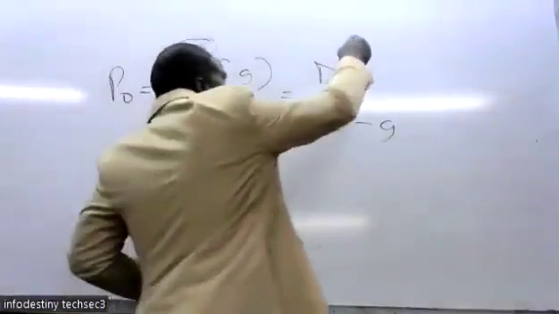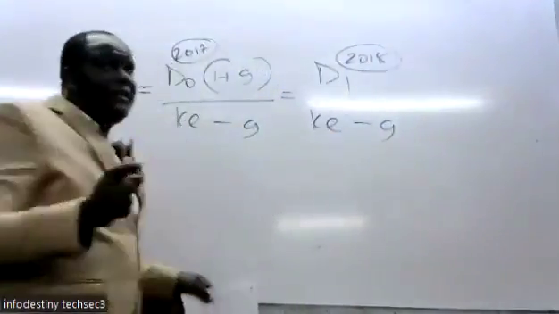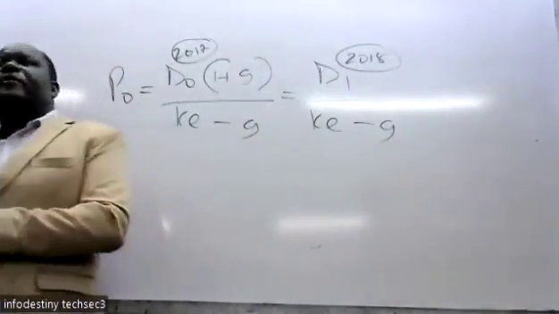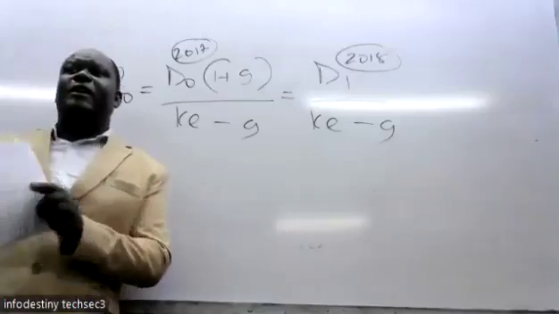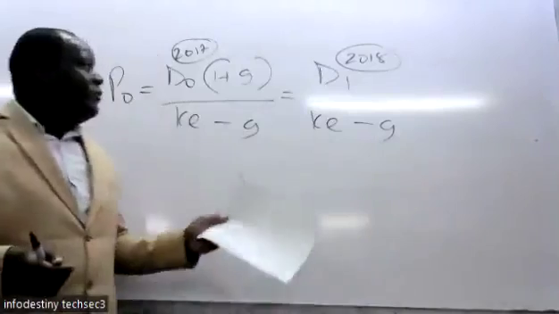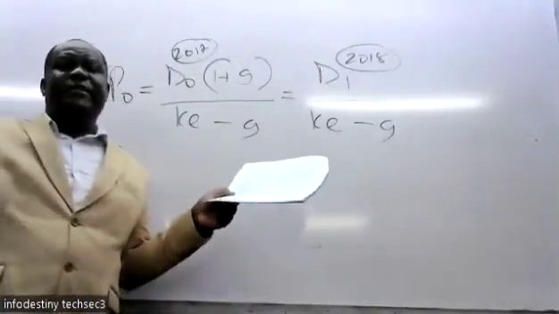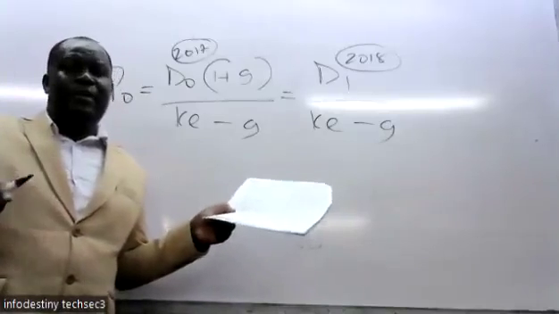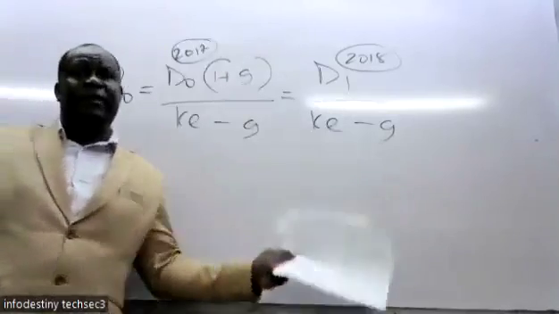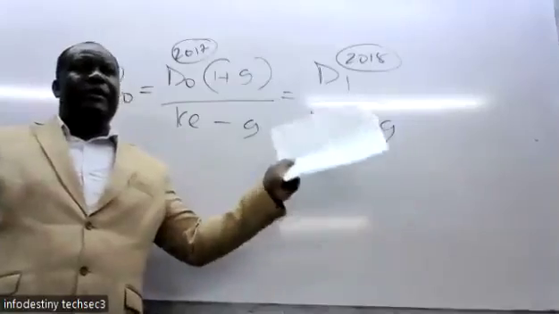D1 will be 2018. When we are calculating G, we use the past. When we are calculating the value, we go to the future. The last dividend was paid in 2017, and the next dividend will be paid in 2018.